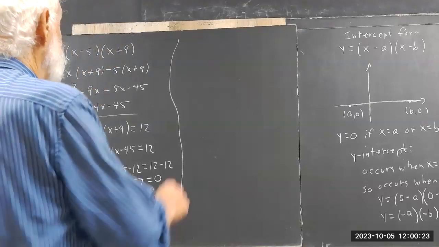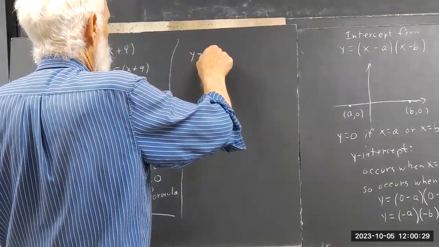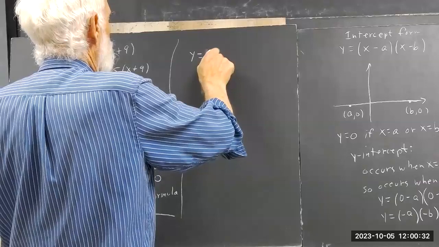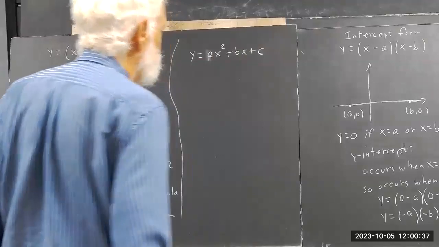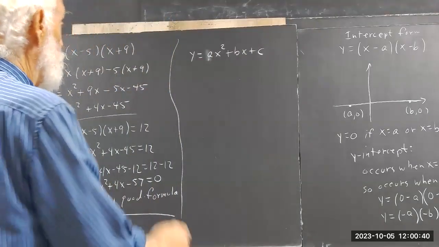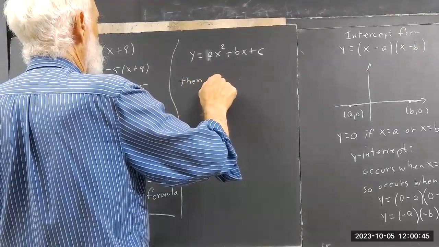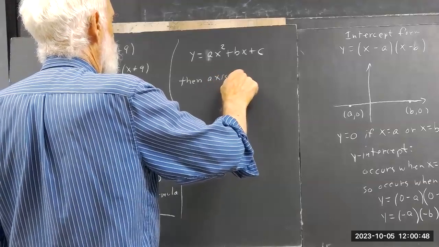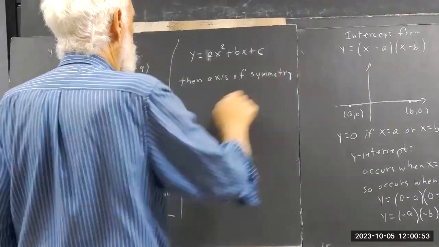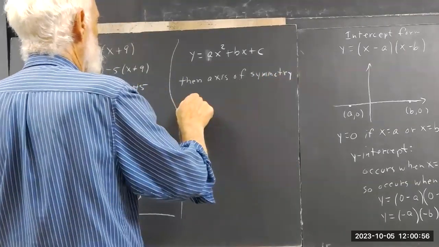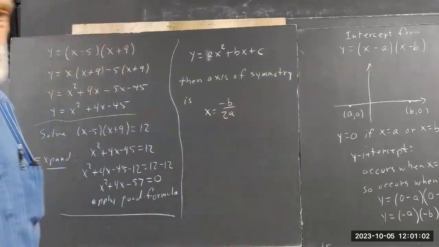Okay, let me show you now a secret. And if I had more time, I'd prove it to you, but I think that might be overkill. If y equals ax squared plus bx plus c, then the symmetry is the line x equals negative b over 2a.